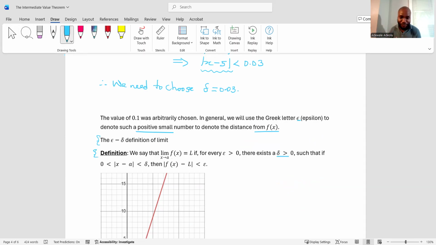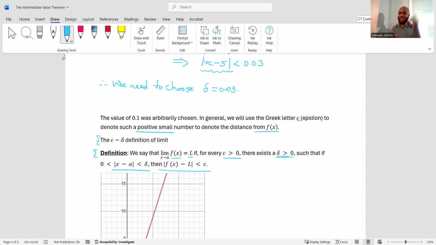We say that the limit of a function f of x as x goes to a is a real number L if, for every epsilon greater than 0, for every small number we can get or that we pick, we want it as small as possible, there exists a delta such that if the distance between x and our a is less than that delta, then the distance between that function and our limit should be less than epsilon.